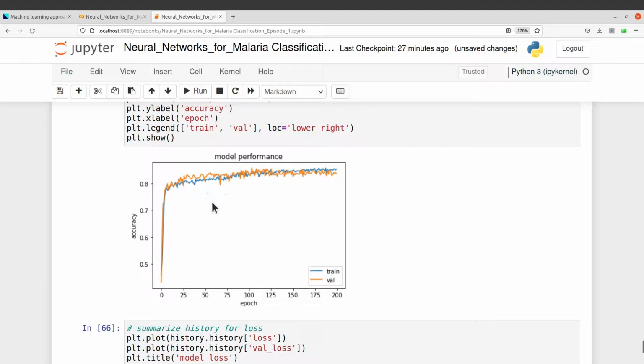If you look at this model, this is how we expect a good model to behave. The behavior I'm talking about is the accuracy for the training and validation. Here we can see that the accuracy for the training and that for the validation, the values are not far off. This is what we expect a good model to do.